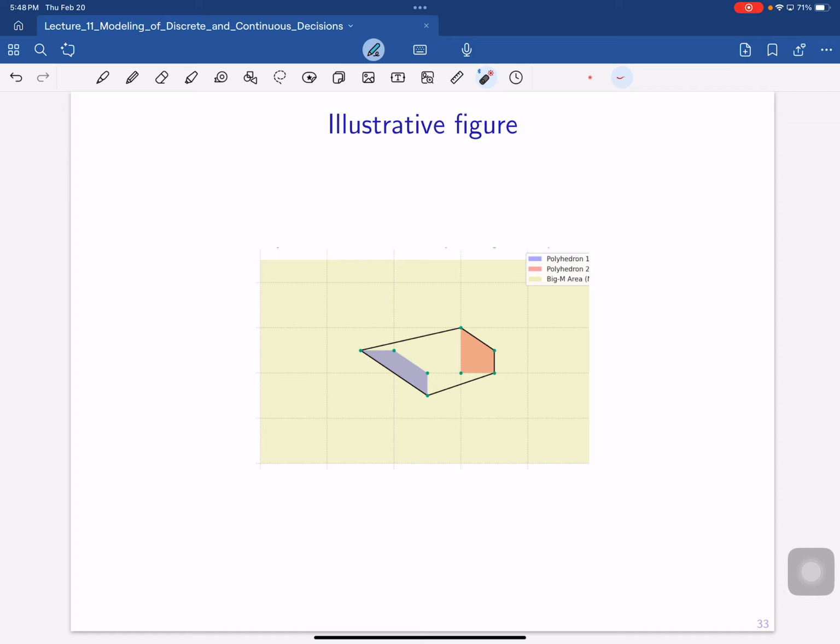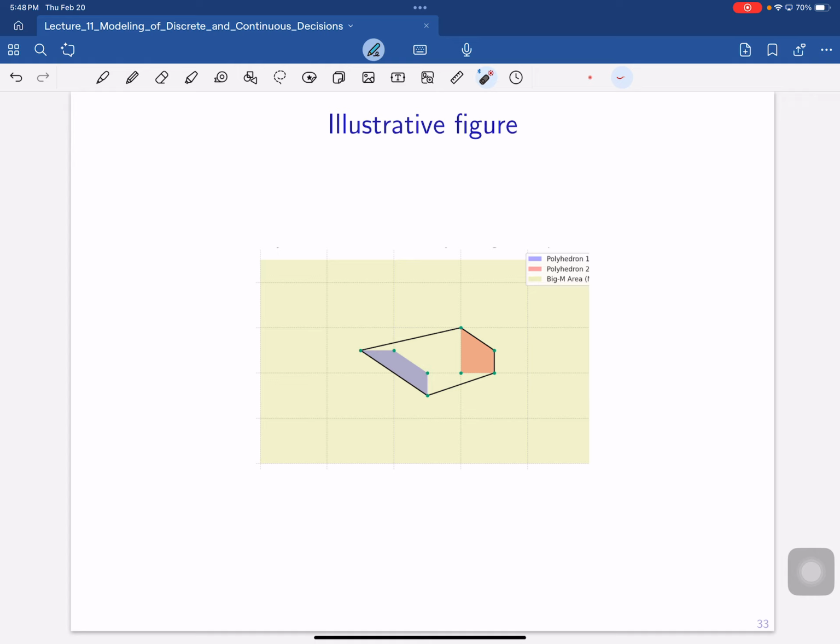The tightest convex relaxation for this disjunctive set is the convex hull of the two polyhedral sets. Remember, the convex hull is essentially the smallest convex set you can have that contains all the points in the disjunctive set.